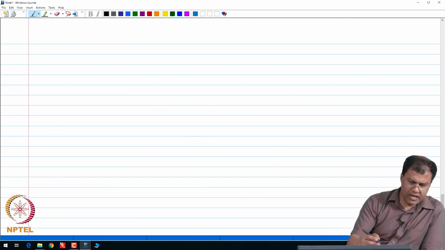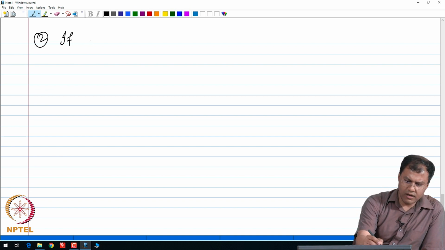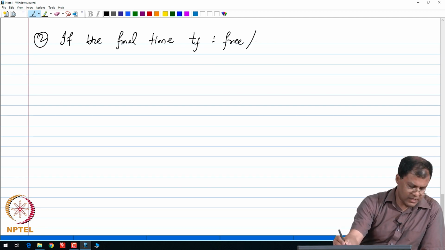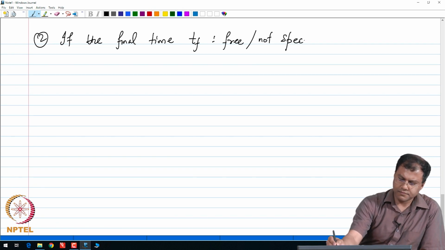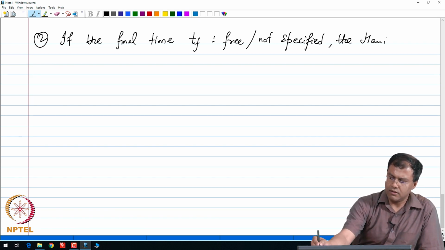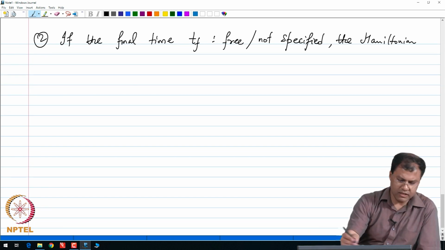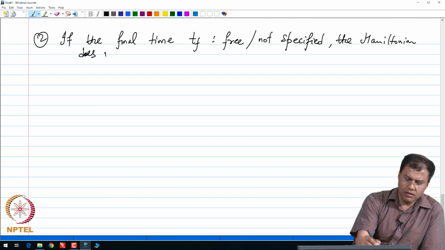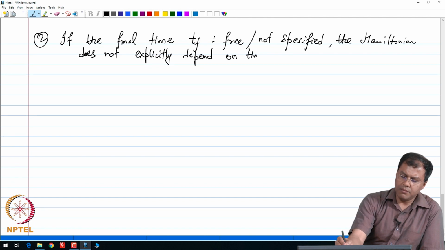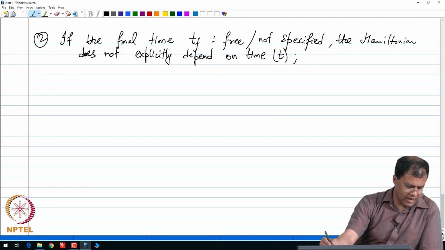So, what I have is the following. If the final time T f is free and not specified, and the Hamiltonian does not explicitly depend on time t, then I have that the optimal Hamiltonian is 0 in this case.